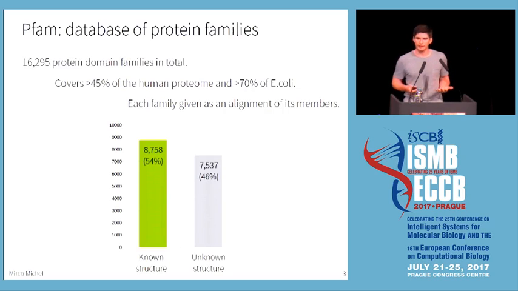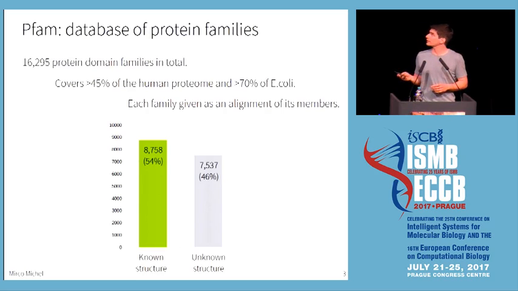And in this project, we wanted to do that for all PFAM families in the PFAM database. So we want to look at how many PFAM families we can predict structures for, where there is no known structure. PFAM contains about 16,000 domain families, and it covers more than 45% of the human proteome and over 70% of E. coli.